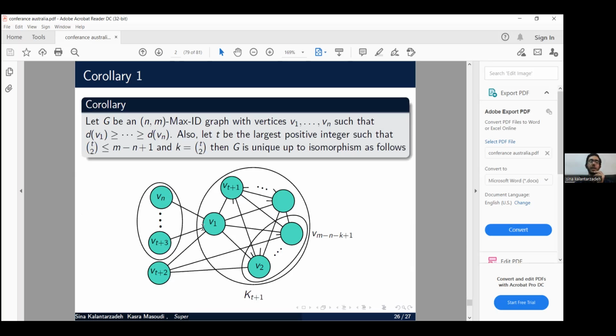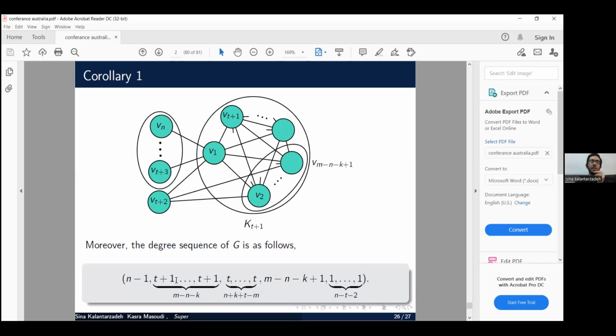This vertex is the vertex that has degree n minus 1, and these vertices form a complete graph of order t plus 1, and the last vertex, v(t+2), is adjacent to some of these vertices. As you can see, this shape is unique. And also we can obtain that the degree sequence of G is as follows.